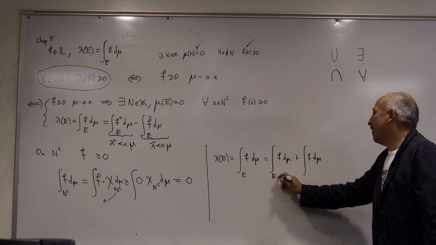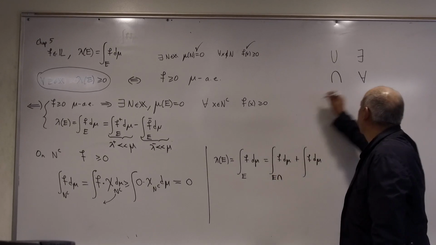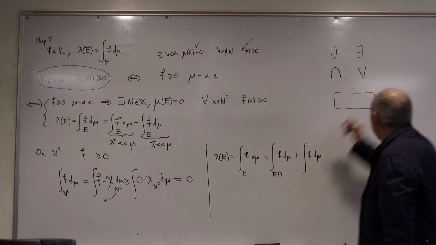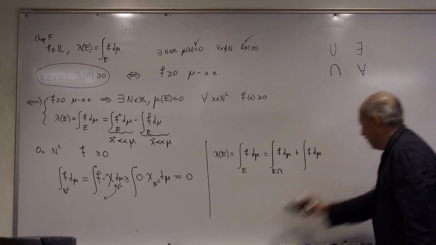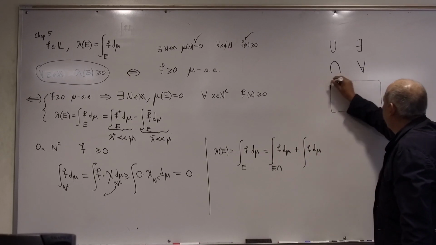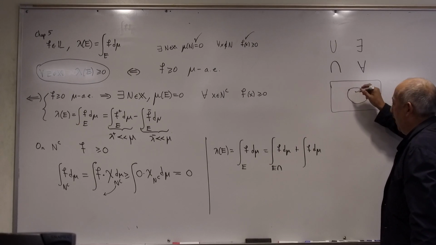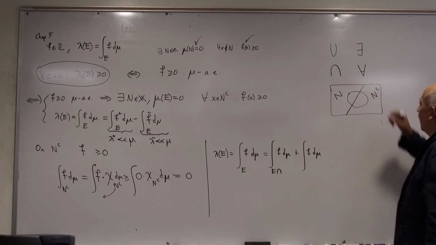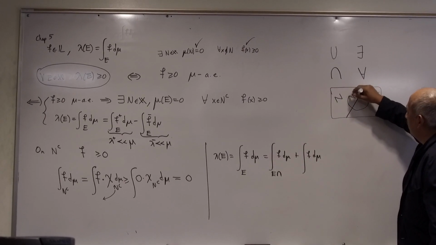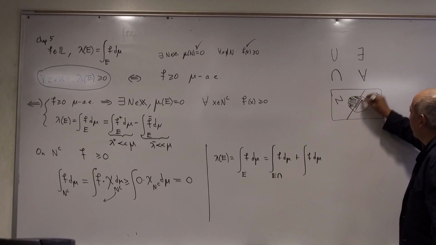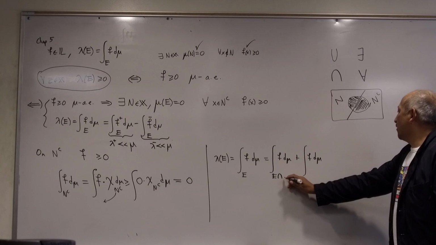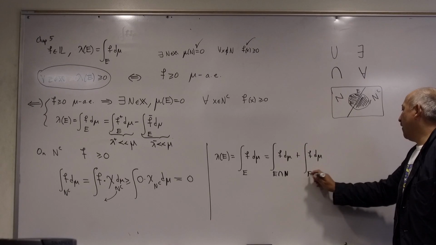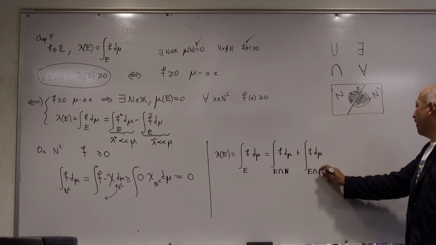E complement. Or no, intersection. Think like this. This is E. No, my picture is small. Think this is the universe. This is E. And there are two sets, N and N complement. So this set E can be seen as the union of two pieces. What are those two pieces, guys? E intersection N and E intersection N complement.